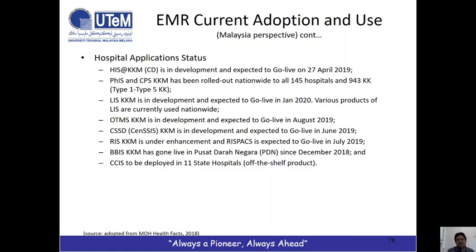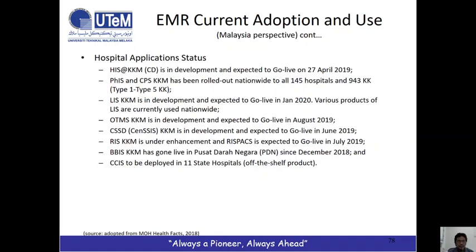So the pharmacy is only a store, right? Very easy to implement, so it is less beneficial. It has less information about the patient medical record. It's about drug information only. LIS KKM is also expected to go live.